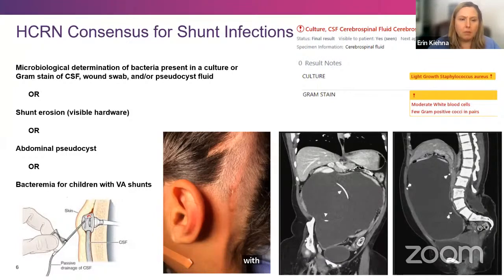And then typical way to diagnose these at bedside is just with a shunt tap. This is a great diagram, except they don't show the person wearing gloves. And so I would say, I don't shave the scalp before I do a shunt tap, but I do prep it out. I make sure that somebody other than me is making sure the child is still.